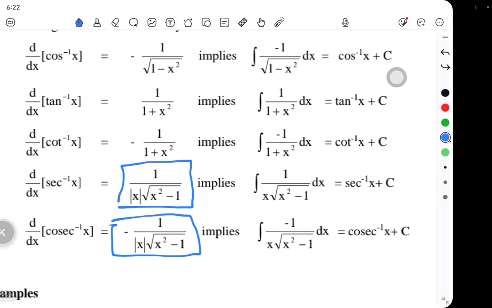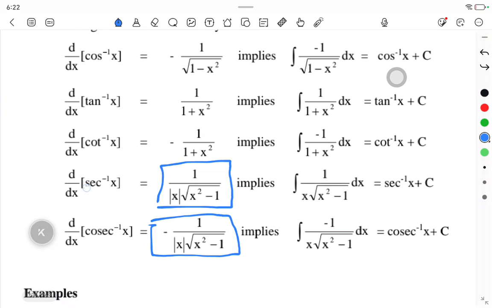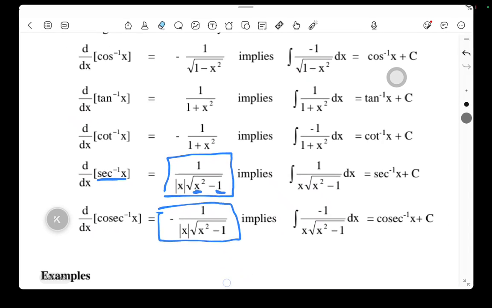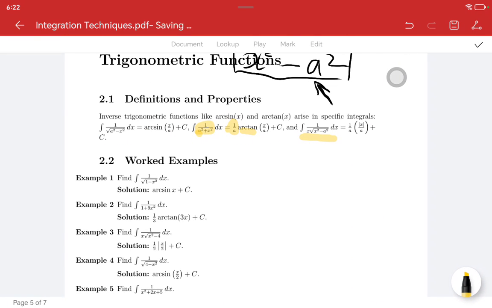If we go back here, for the arcsec we have x squared minus a squared with x outside, which is this one in this case. As long as a is the one being subtracted, we multiply outside by x.